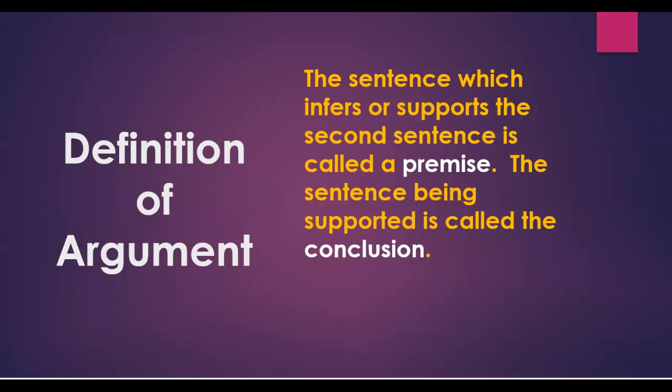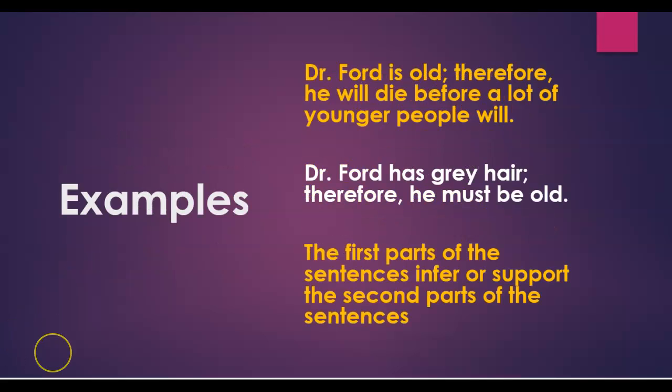All right? The sentence that's being supported, or that is your claim, which is being supported by the first sentence, is called a conclusion. So therefore, you must have a premise that leads to, supports, is the basis for your claim, which we will then call the conclusion.